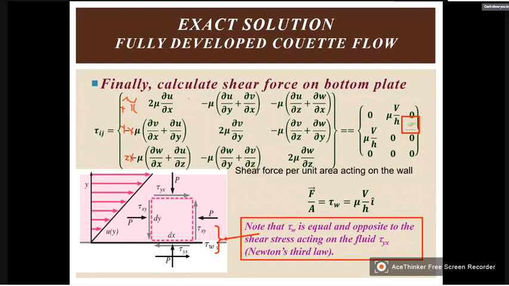So this is yx, yy, yy and zy. This is xz, yz, this is zz.